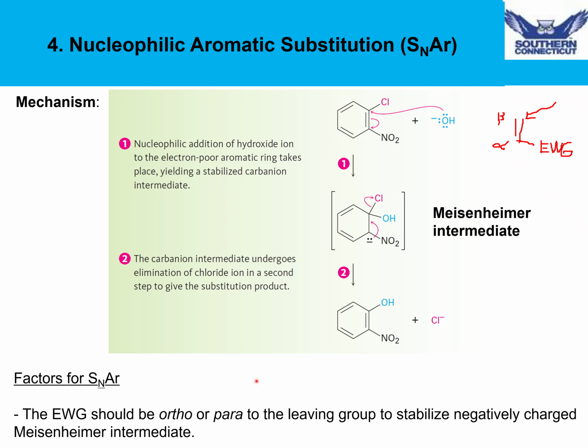So this reaction is very similar to the conjugate addition to alpha-beta unsaturated carbonyls. The reaction is faster when we have electron withdrawing groups on the ring, especially ortho and para to the leaving group. As you can see by this intermediate, this negative charge forms at the ortho position of the leaving group. So having an electron withdrawing group like a nitro group here really stabilizes that intermediate.